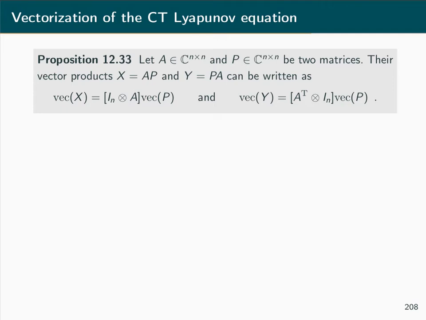The vectorization of X, which is the vectorization of the product AP, is equal to the Kronecker product of the n-dimensional identity matrix with the matrix A times the vectorization of the matrix P, and the vectorization of Y, which is the vectorization of PA, is equal to the Kronecker product of A transpose with the n-dimensional identity matrix times the vectorization of the matrix P.